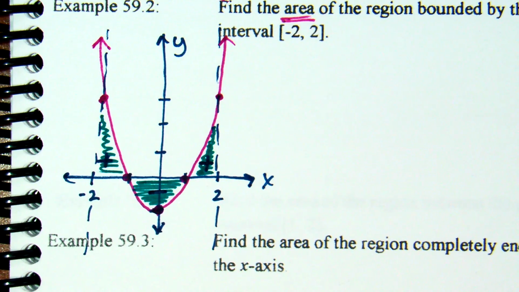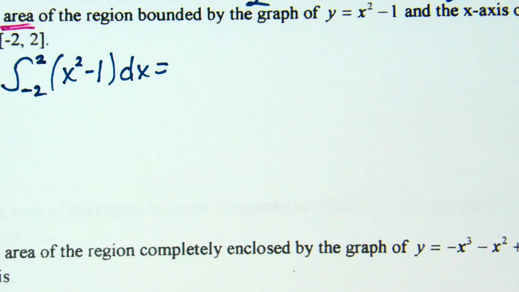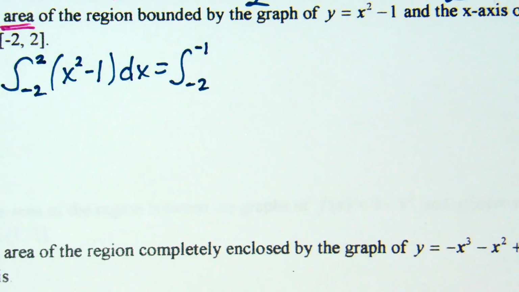So, we're going to break this up into how many sections? 3 effectively. The first section goes from, if I go just left to right, negative 2 to negative 1 of x squared minus 1 dx. Then what's the next section?